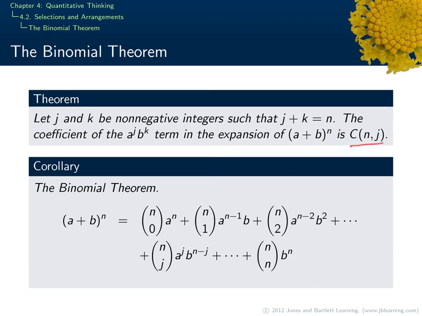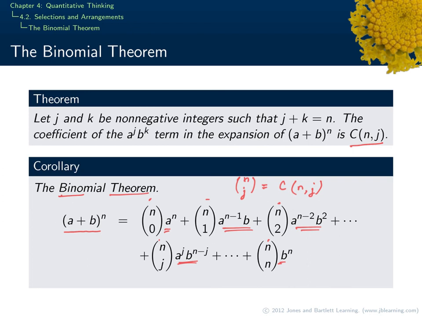Right, so in other words, we have the binomial theorem, which says that if you want to raise this to the nth power, and you're looking for the coefficients of all these terms, then they are given by these binomial coefficients here, where when you see n atop j like that, that is another notation for C(n,j).